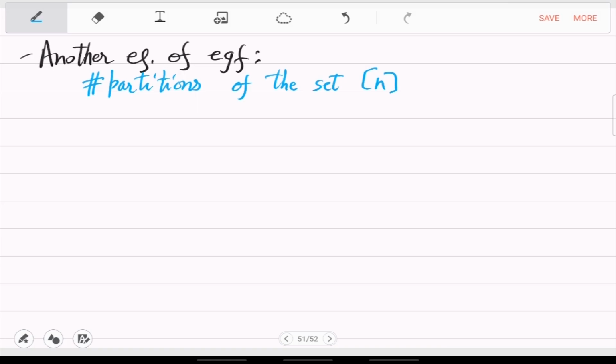So the thing is that we are not partitioning a number, we are partitioning a set, right? So this is exactly the same as throwing balls into bins, except that balls are distinct and bins are identical. So this is also equal to the number of ways to put n distinct balls into n identical bins.